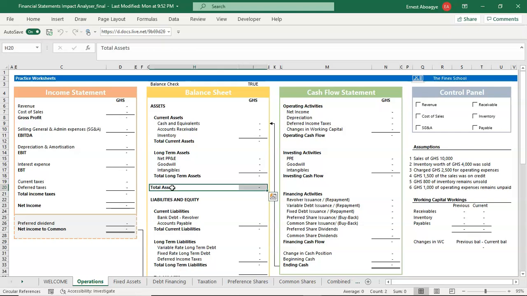So just to recap, on the asset side, we have current assets grouped and long-term assets also grouped. In the current assets, we have our cash and cash equivalents, which are our near cash and our physical cash. We have accounts receivable, which are owings to the business, and inventory, stock of goods held.